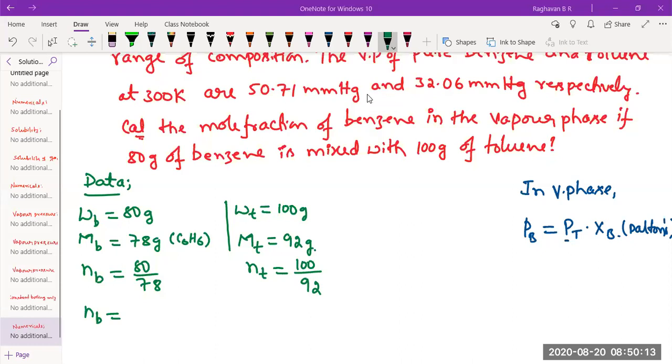Okay. Let's proceed now. So 80 by 78. Can anybody tell me immediately? 1.02, 1.026. Approximately 1.026, right? I'll take 1.026 only.